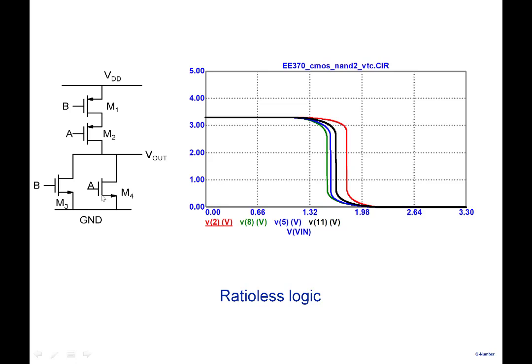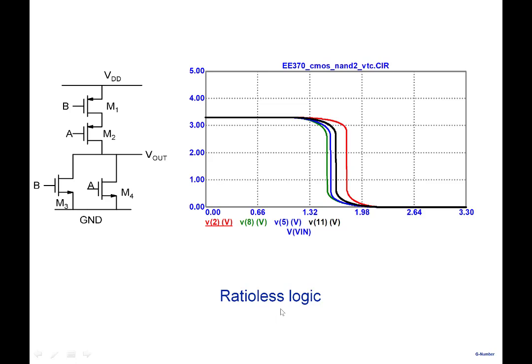Now, when we say something is ratio-less, it means that independent of what size I put here and what size I put here, the logic high level is VDD, the logic low level is 0. The logic high and the logic low do not depend on the ratios of the sizes here. That's why we call it ratio-less logic.